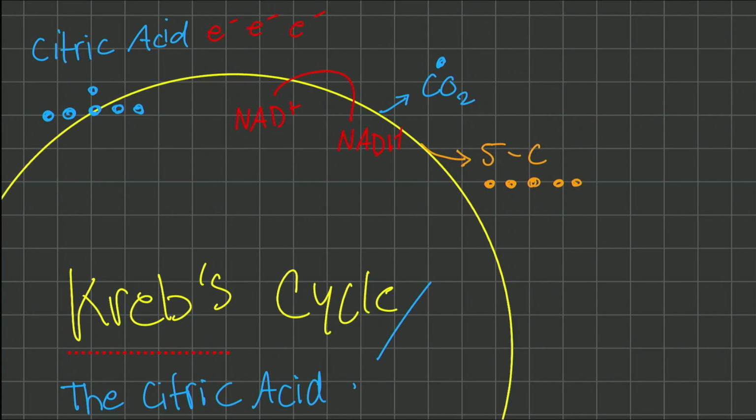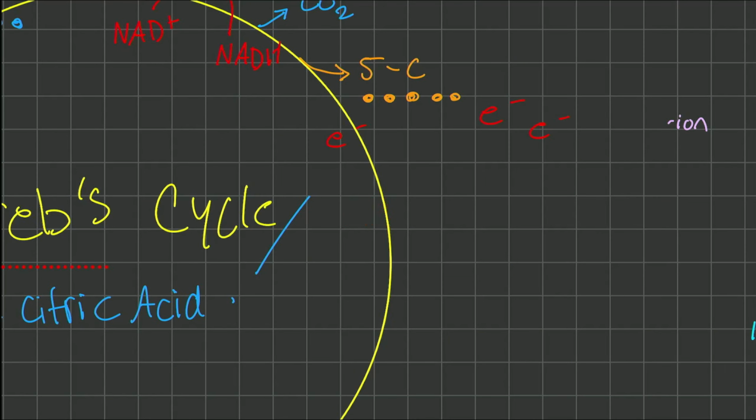We're losing carbon dioxide. So now our resulting 5 carbon molecule is actually going to get oxidized. Remember that the Krebs cycle is an oxidation process. We're losing electrons, so these electrons are going to be released. And that's going to actually help us reduce NAD+ into NADH once more. So again, we're creating NADH, which is again going to be really useful in our electron transport chain.